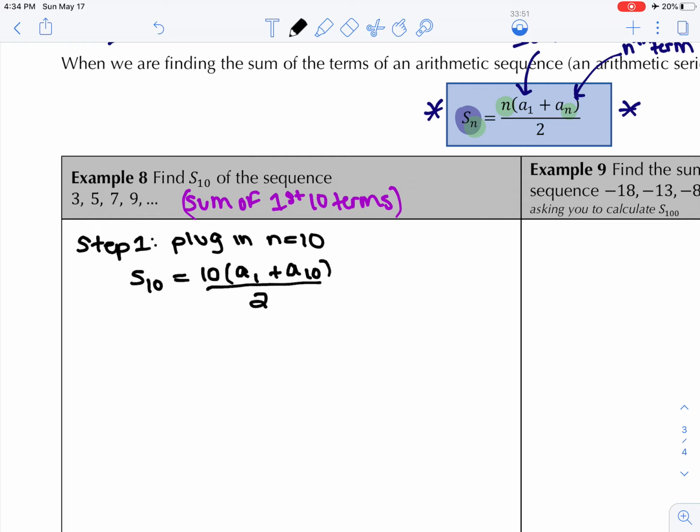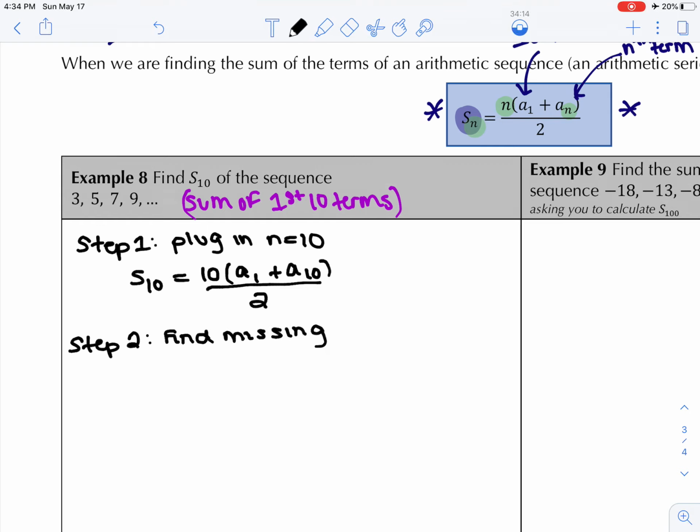So there's a lot of components to this, right? In order to find this sum, we need to know our first term and our 10th term. And we could maybe do that here in this case by just continuing the pattern, but I want to practice the skill of writing out our explicit equation. Okay, so our next step is to find any missing information.